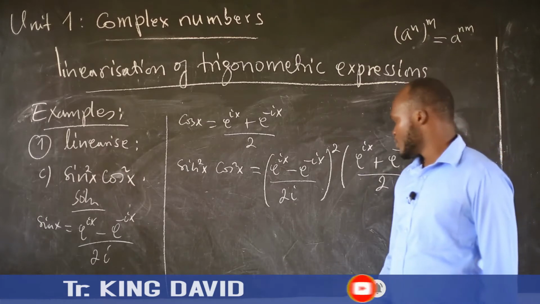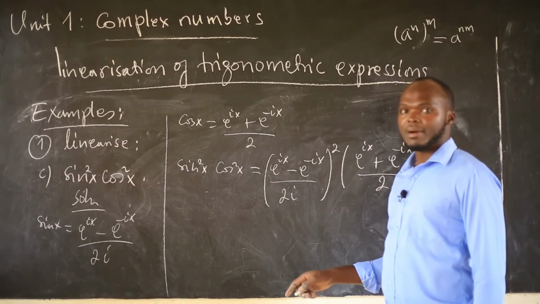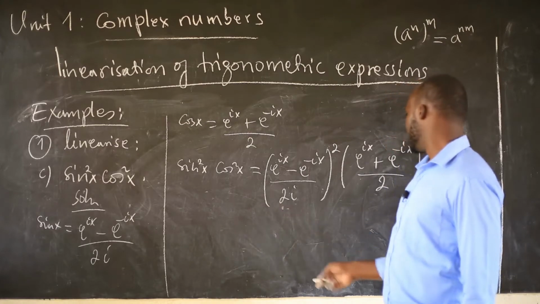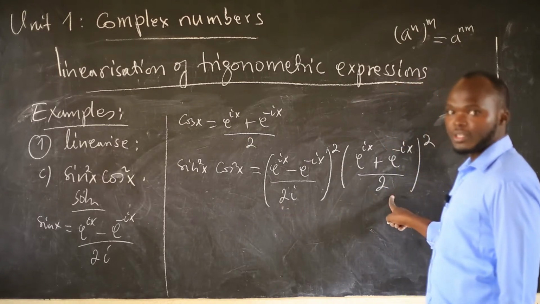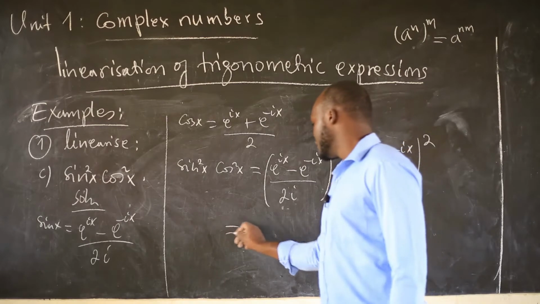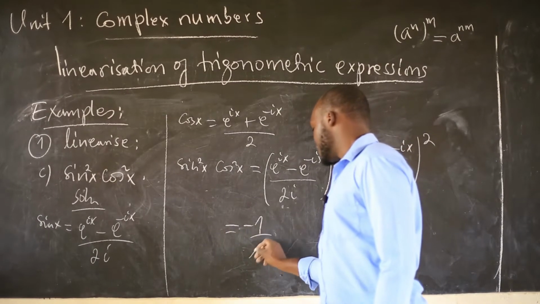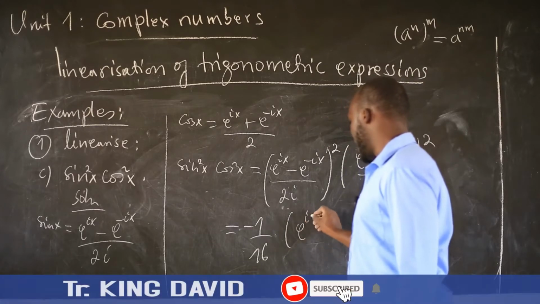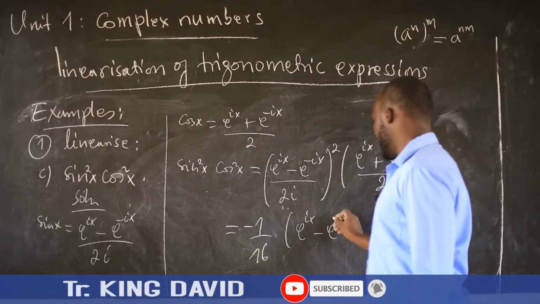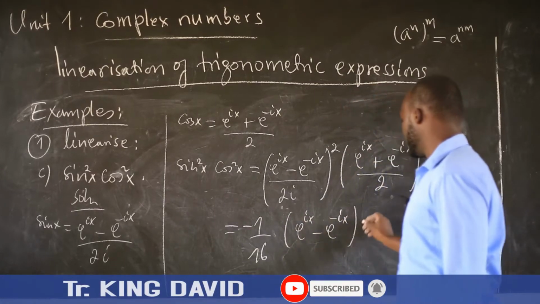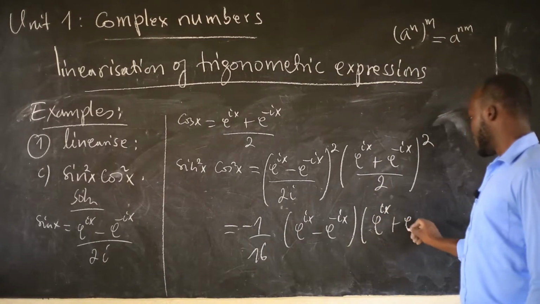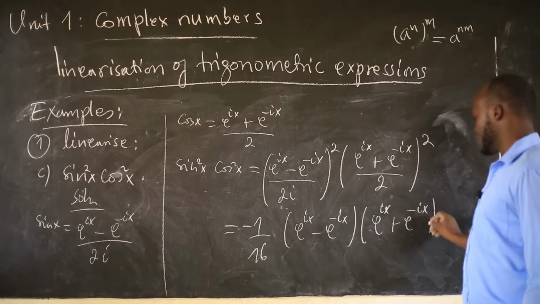So now, what is 2i squared? Remember, i squared is negative 1, and 2 squared is 4. That's negative 4. 2 squared is 4. 4 times 4, that's 16. It will be negative 1 over 16 into e power ix minus e power negative ix, into bracket e power ix plus e power negative ix, then squared.